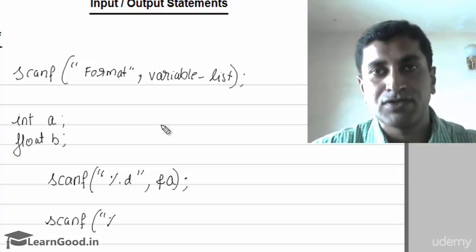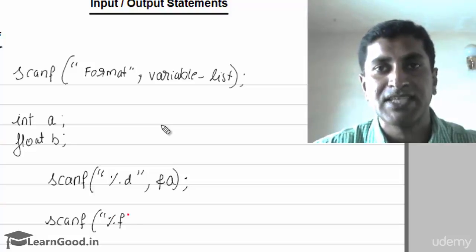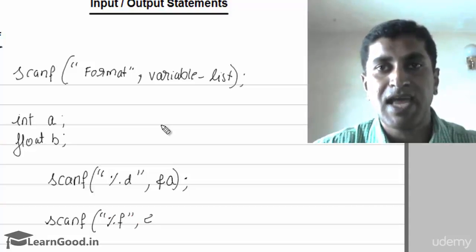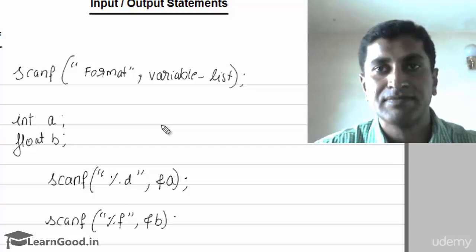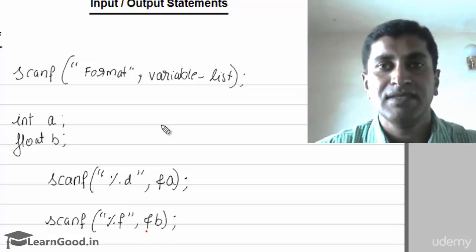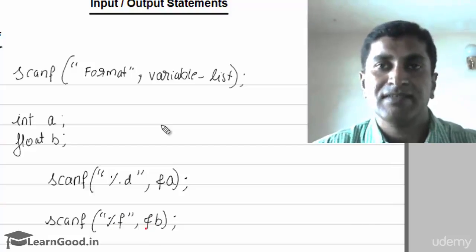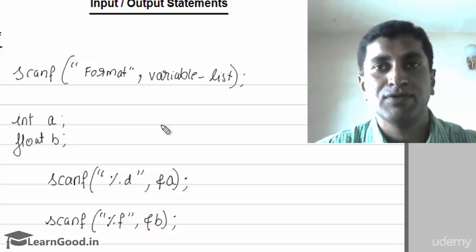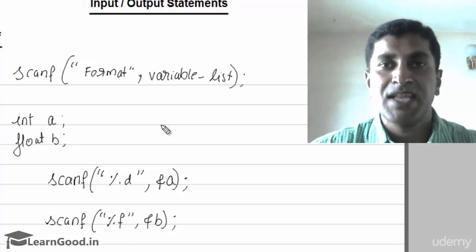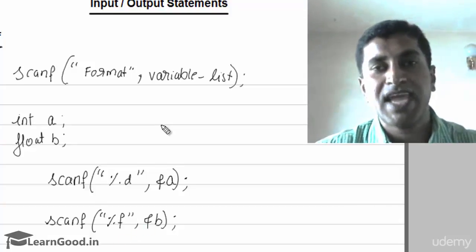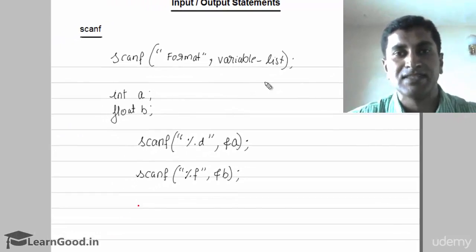B is of type float, so you use %f and then give ampersand of B. For scanf, while reading the variable values, you have to pass the address, which you can achieve by using an ampersand.